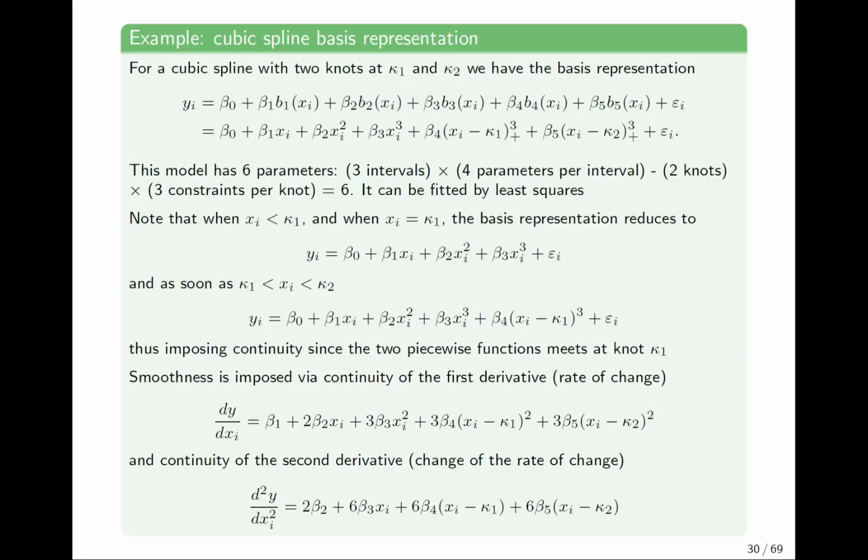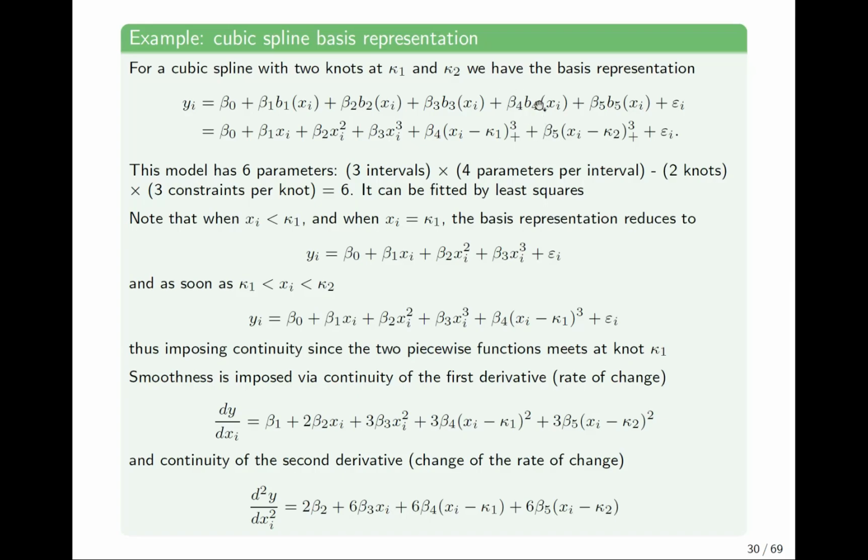So let's look at this example just to make this very concrete. We have a cubic spline here with just 2 knots, kappa 1 and kappa 2. So we write it in its basis representation. It is, as you know, a linear in parameters model where the parameters are multiplying through by the basis functions. The basis functions are written out in full here. So b1(x) is x itself, b2(x) is x to the power of 2, b3(x) is x to the power of 3.